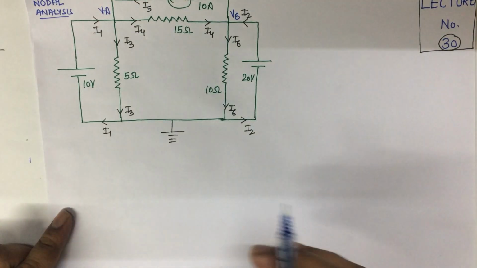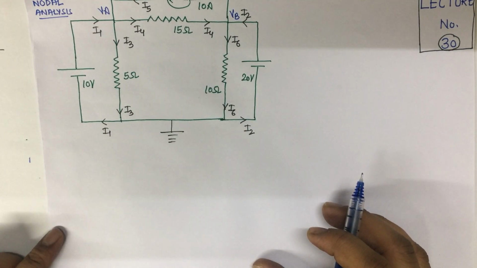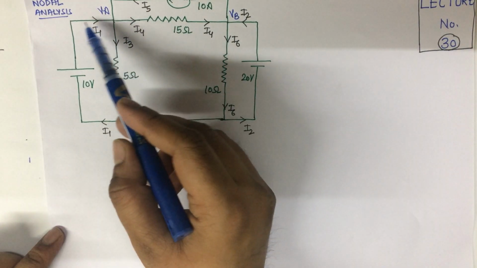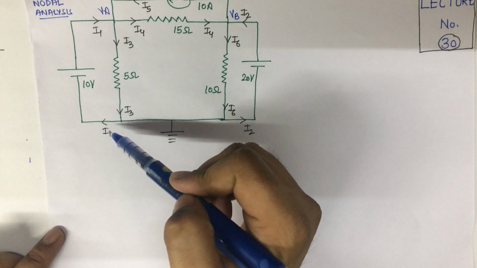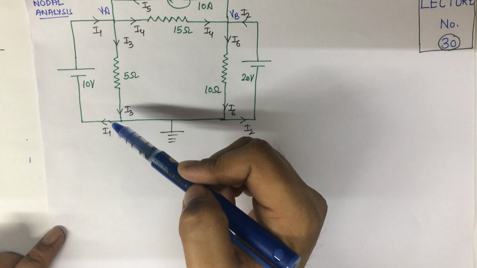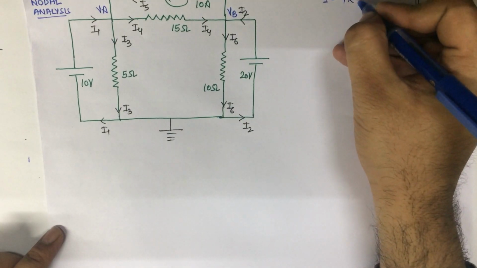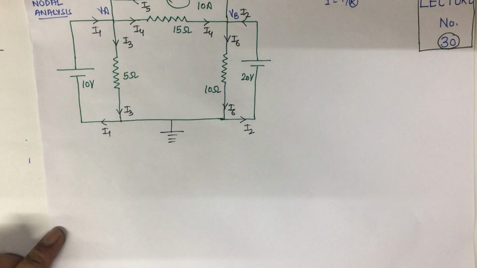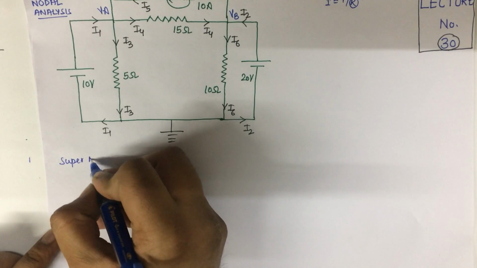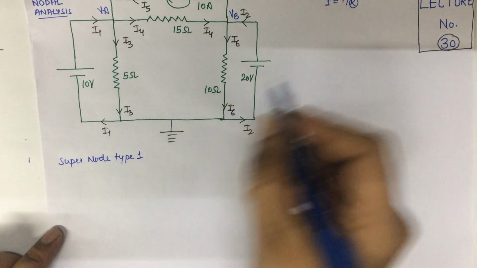So after considering currents, we use some concepts. First of all, this is a branch in which I1 current is flowing and there is no resistance. So we cannot write the equation I is equal to V by R. So we use the supernode concept, type 1, because there is no resistance.